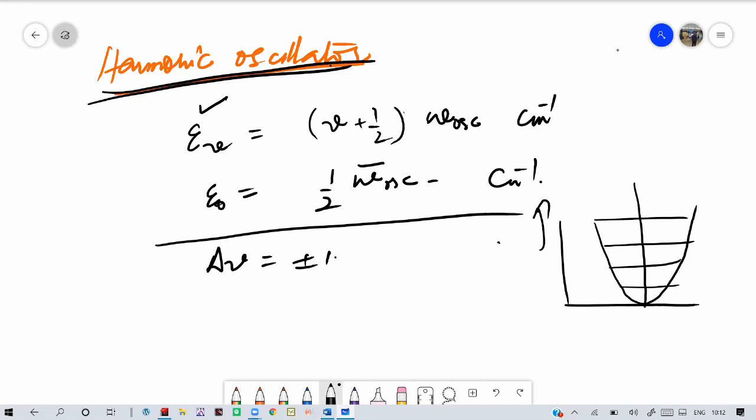If you have E here, this is 1/2 ω_oscillation, this is 3/2 ω_oscillation, 5/2 ω_oscillation, and this is ν equal to 1, 2, 3, 4, like this. This is R, the internuclear distance. Okay, so they are all required.